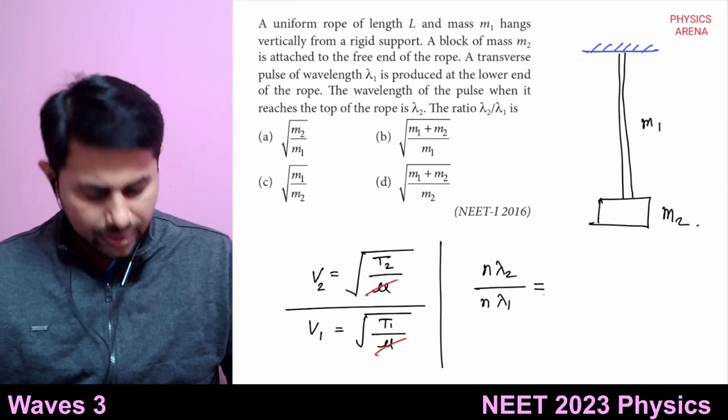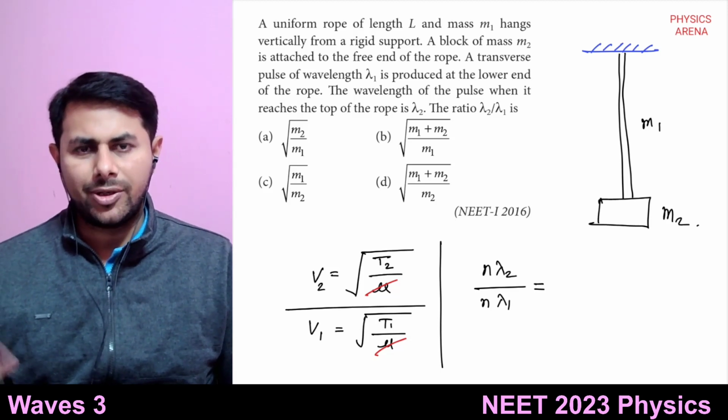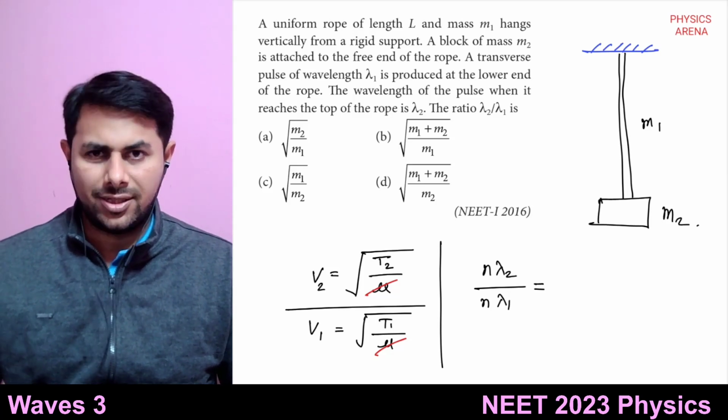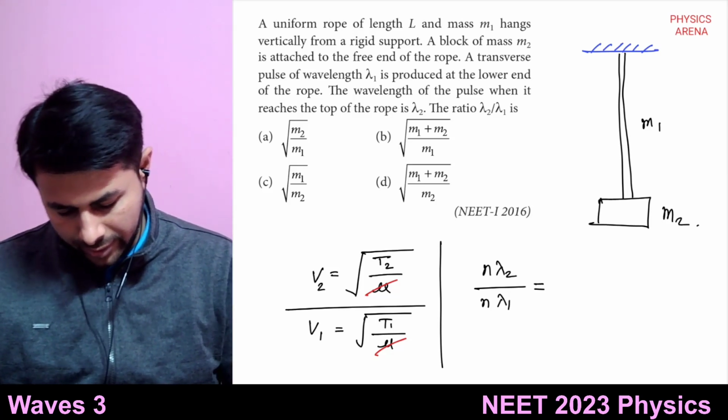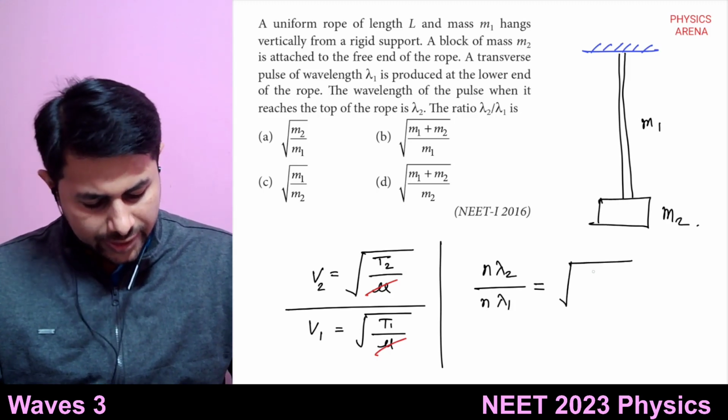We had discussed that n remains constant. It is the property of the source. So n doesn't change, it's the wavelength that changes. So this is equal to square root of T2 upon T1. And what is T2?